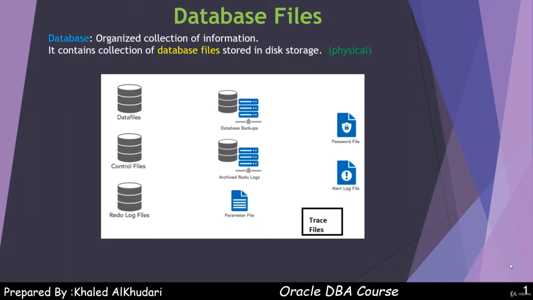Actually, we have 9 types of files in the database. The 3 most important are the data files, the control files, and the redo log files. And we also have other types of files. We will understand all these types of files in this lecture. Let's start.